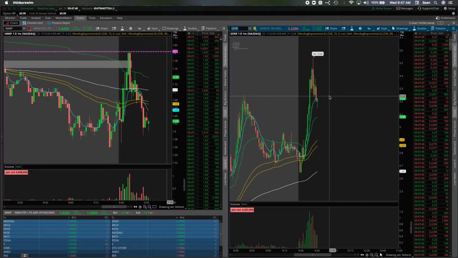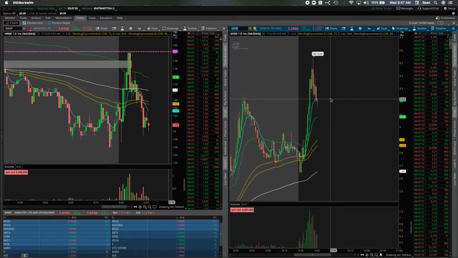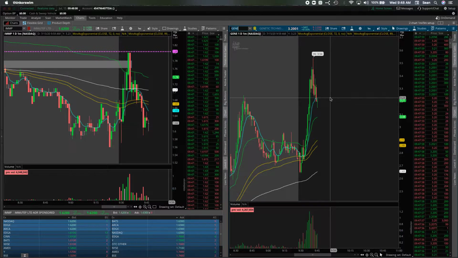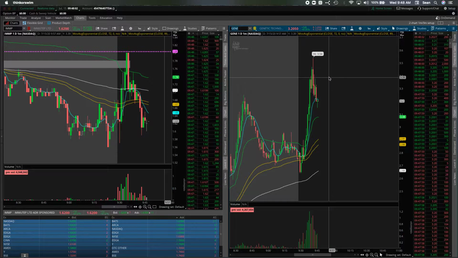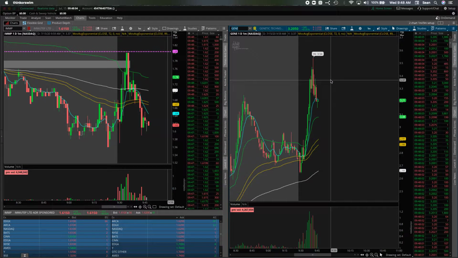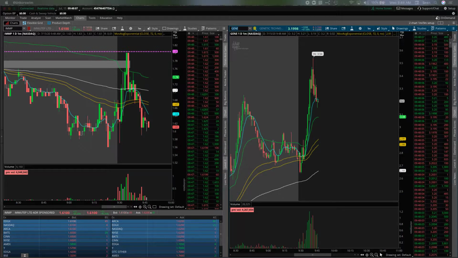MBRX over here waiting for the lower high. Handful almost at cover. Gene, we had the curl over here.